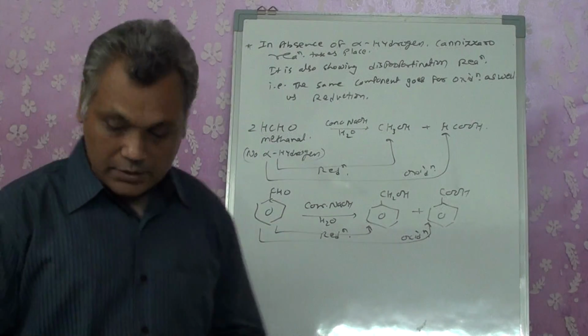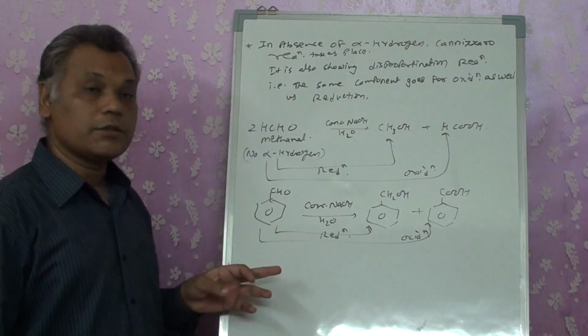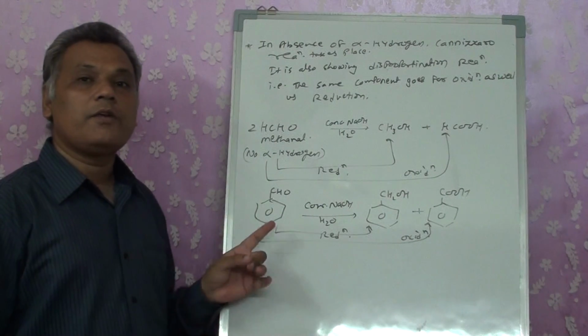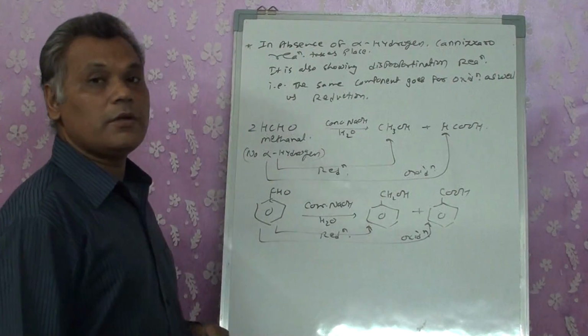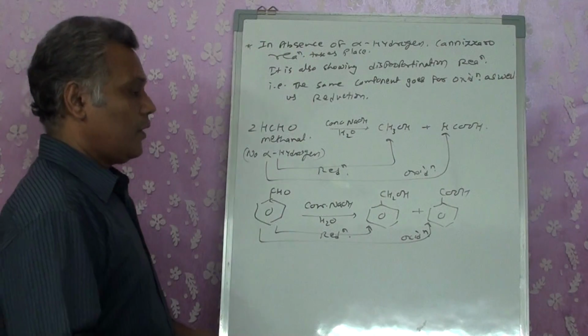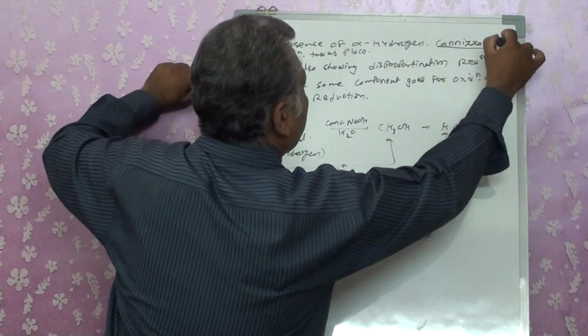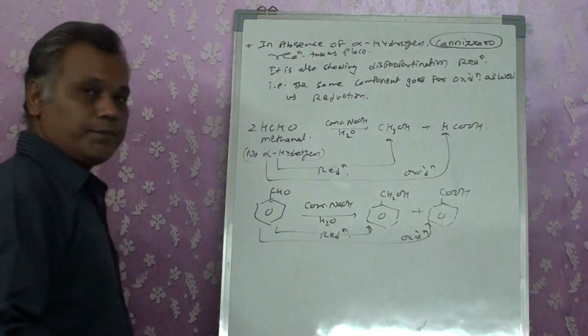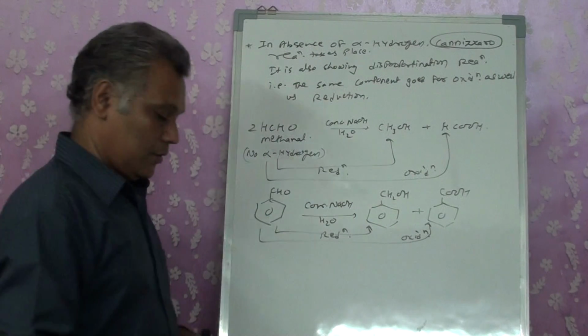And it is a disproportionation reaction. So two different products, but we are getting one as oxidation and one as reduction. It's a redox reaction, right? Or, we already wrote it, Cannizzaro reaction, for which alpha hydrogen is absent.